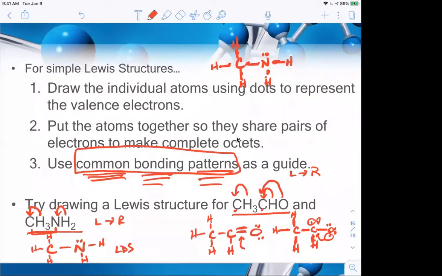I do this, and I end up with the structure that I have down here. So if you have to sit there and do it individually for a little while where you're connecting, at some point you're just going to be able to look at this structure or look at this structure and just draw the Lewis structure. It might not be for a while. There is a huge learning curve in the first couple of chapters of organic chemistry because organic is so vastly different from general chemistry.